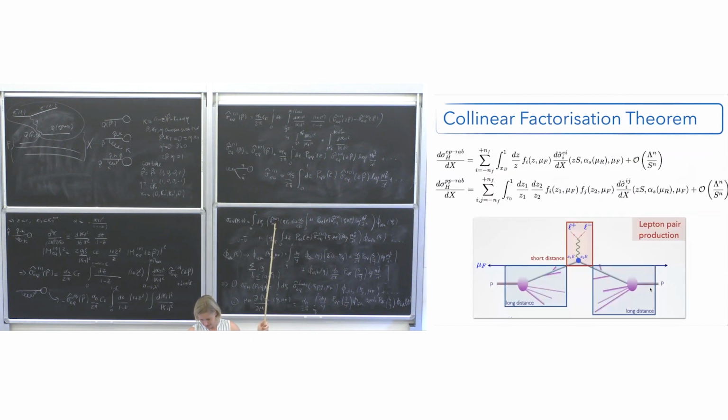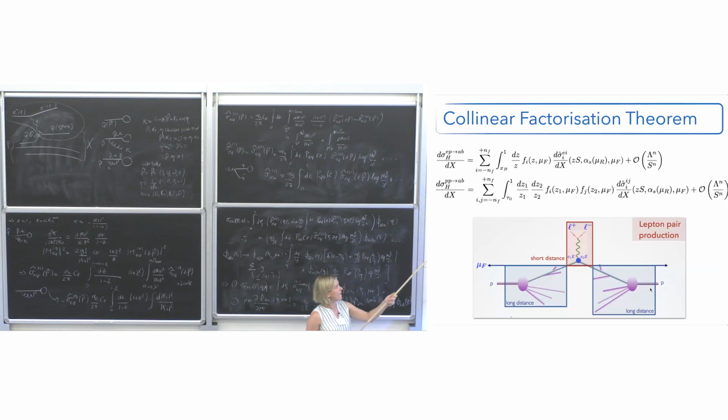And the other magic thing, again very heuristic here, is what was mentioned before, the collinear factorization: for inclusive enough processes, that's very important, these PDFs are the long-distance part of the cross-section, and they are independent of what happens at the short distance, okay? This is the principle of universality of PDFs.